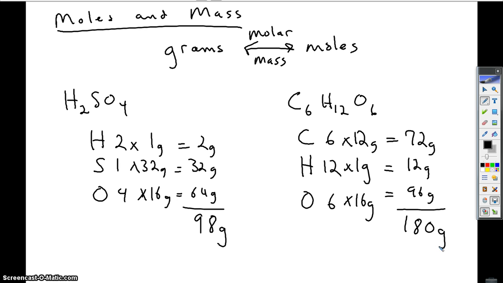So just real quick, we'll remember those two numbers, 98 and 180, and we're going to use those in our examples. So the first one we're going to look at is what if they ask us how many moles are in a certain number of grams. So the first one we're going to be given grams, and we're going to convert it to moles.